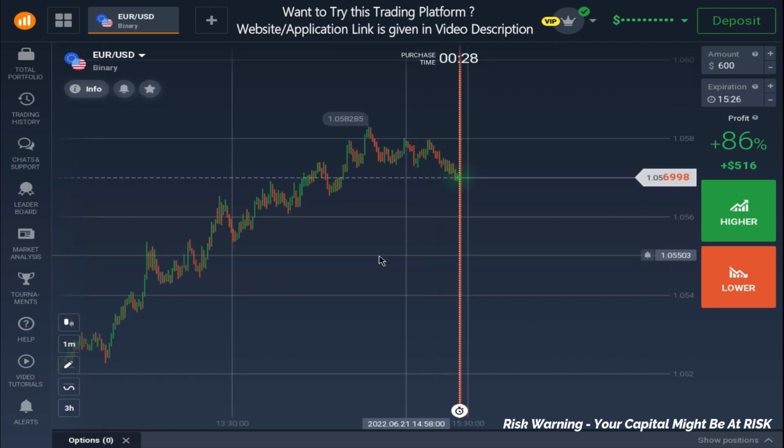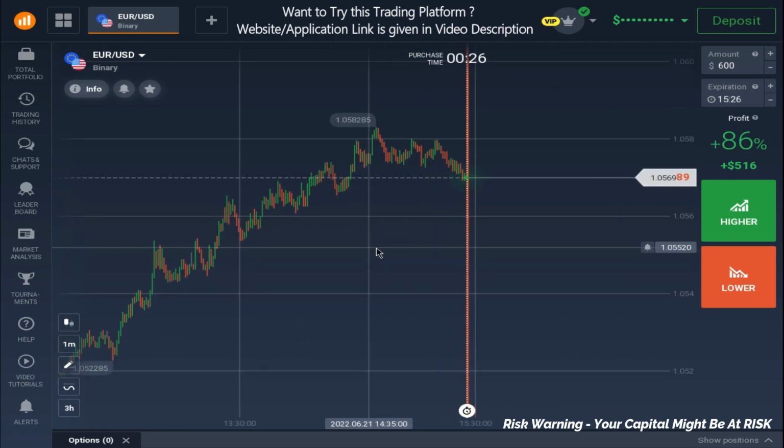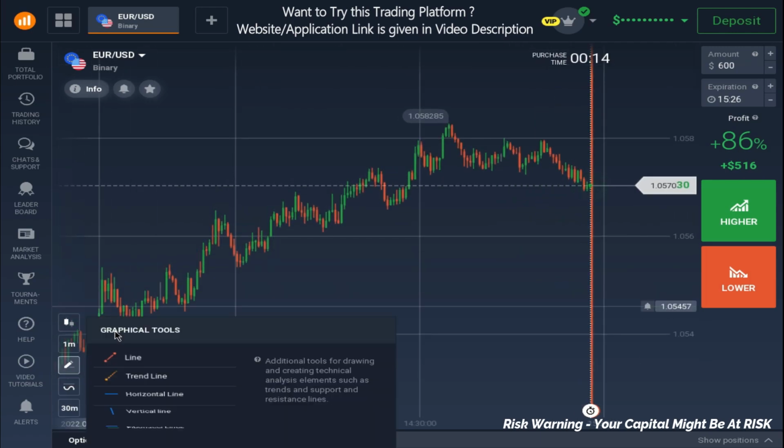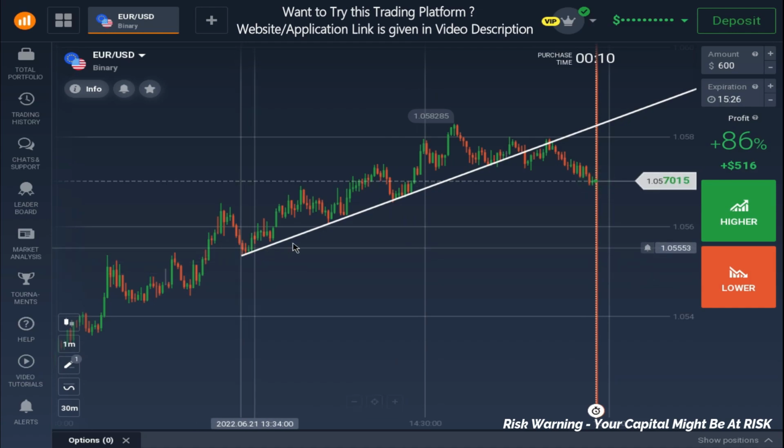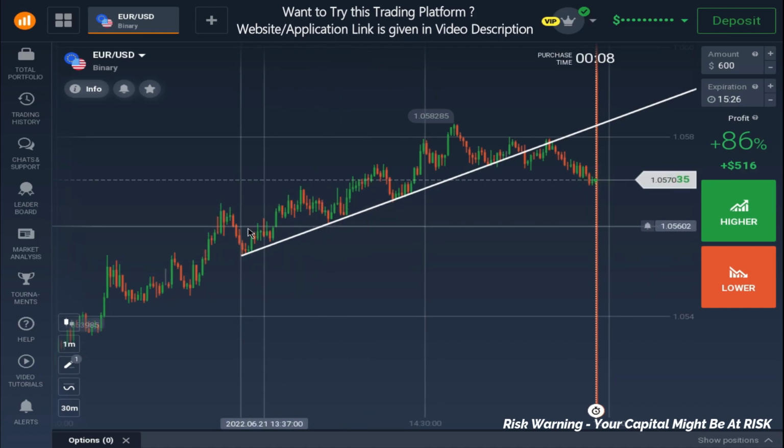So I have that setup in my mind that I am going to trade in the downward direction. But to support my view, I need some evidence like price action, some reversal pattern, some breakout. So what I did in the beginning, I just drew this support trend line. As you can see, market was here.